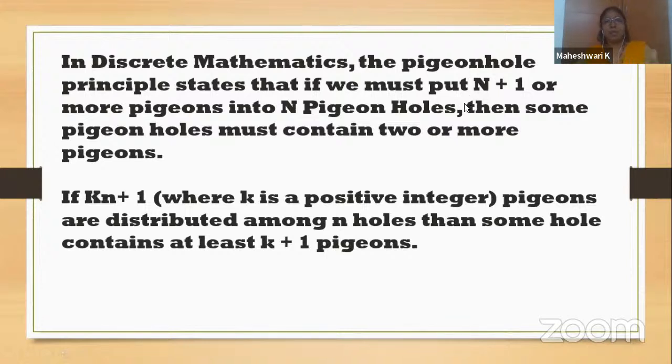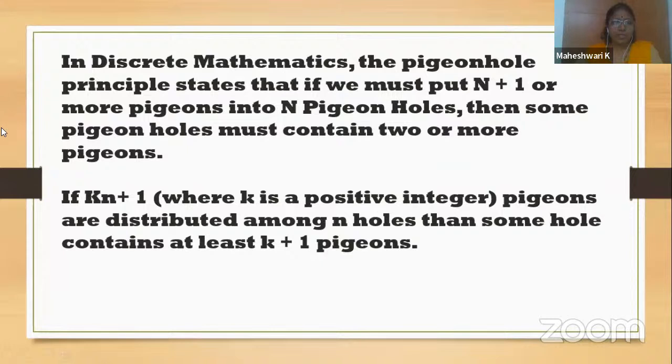Now, this has also been explained in this way in discrete mathematics. The pigeonhole principle states that if we put n plus 1 or more pigeons in n pigeonholes, then some pigeonhole will contain 2 or more pigeons.